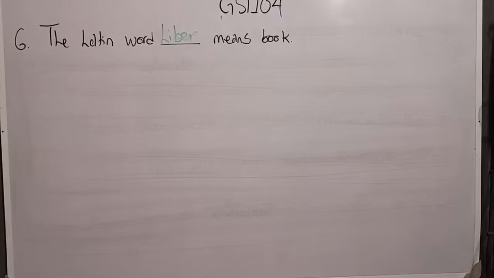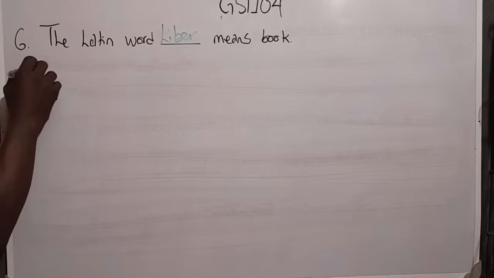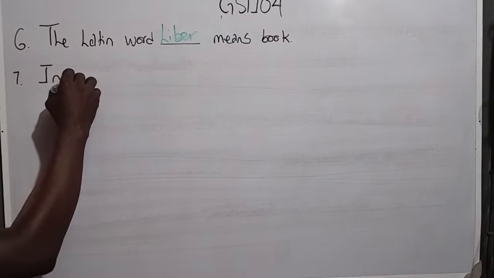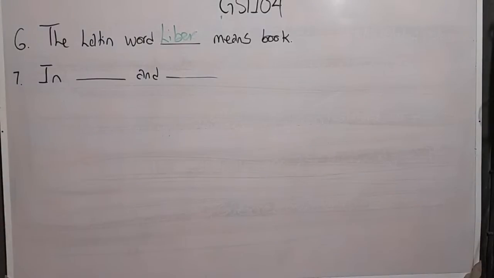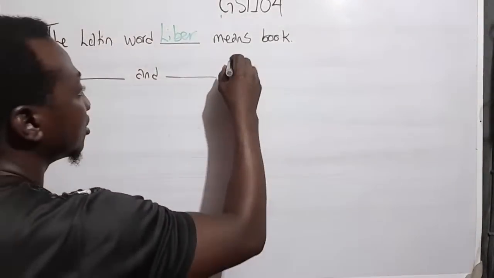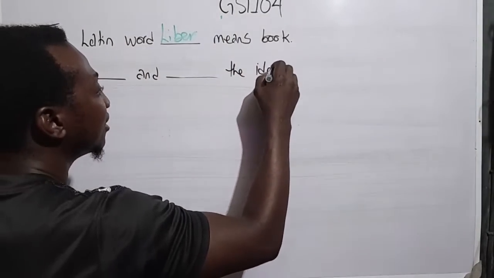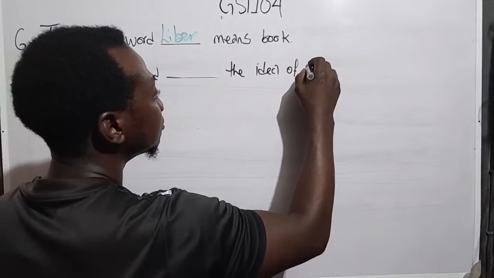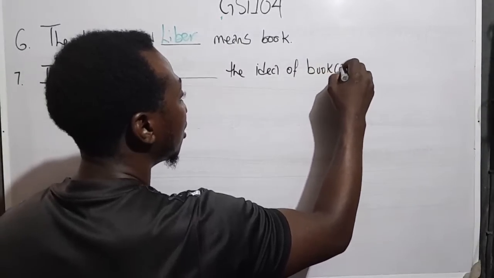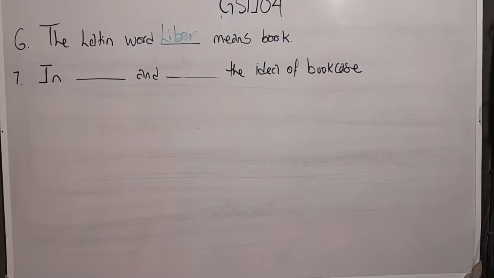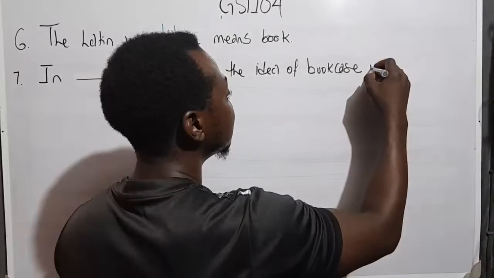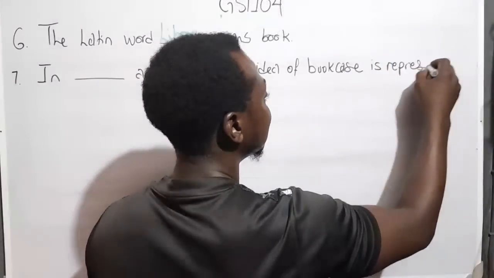Now the idea, let's put it this way. This will be three different answers. In dash and dash is a tricky one, so pay attention. In dash and dash, the idea of bookcase is represented by dash.